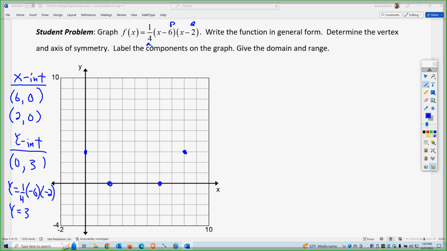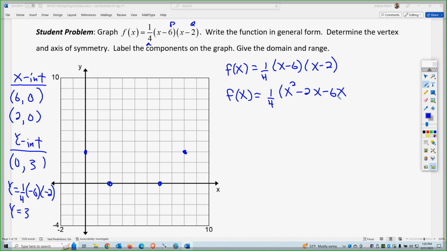We can put this in general form. Excuse me. So f of x equals 1/4 times (x minus 6) and (x minus 2). So f of x equals, we'll multiply the other ones first. So we get x squared minus 2x minus 6x plus 12.